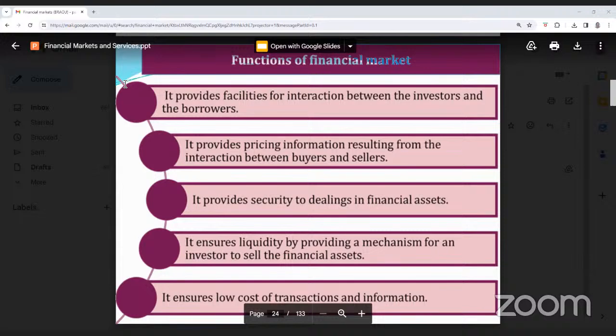Ma'am, primary market, secondary market. These are the functions I am showing. Can you give me small examples in your own words? Investor and borrower. Then what does the investor do for the borrower? Tell me.